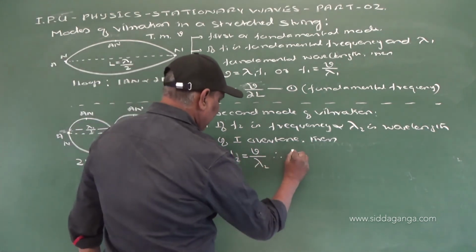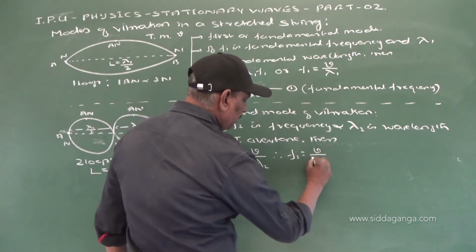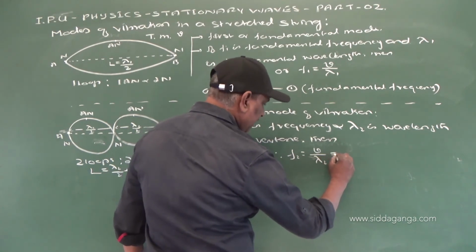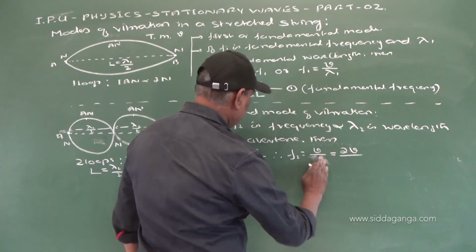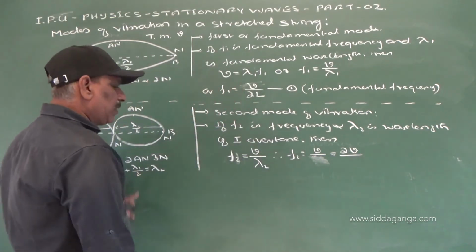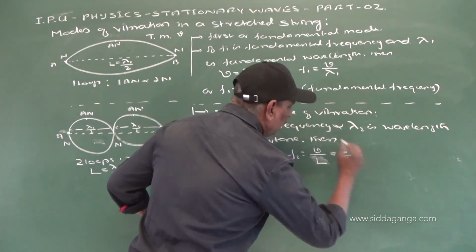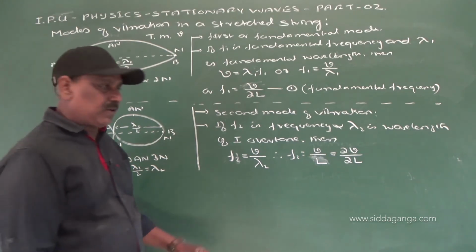Therefore F2 is equal to V by lambda 2, where lambda 2 is equal to L.